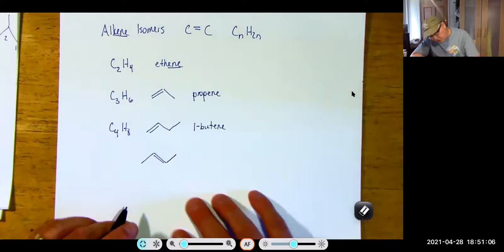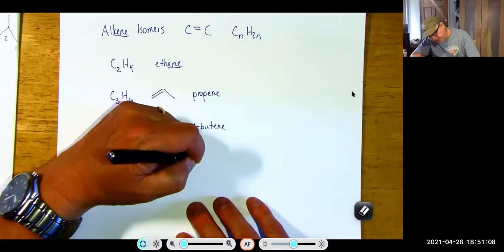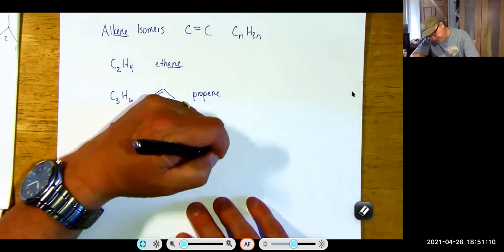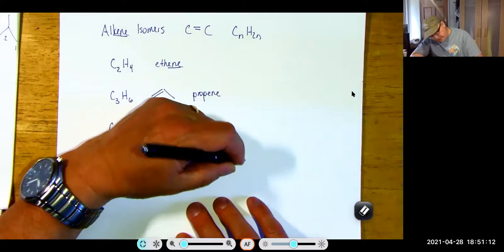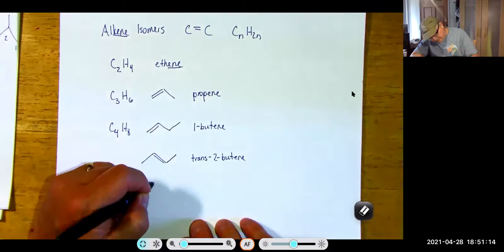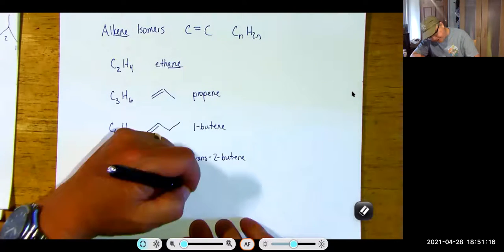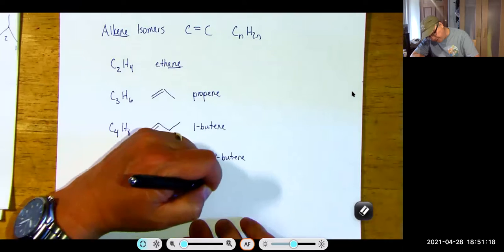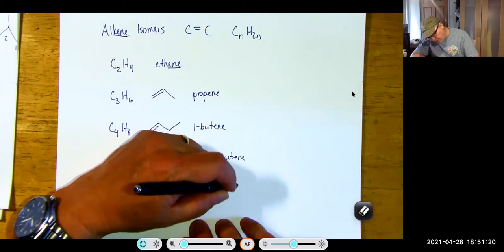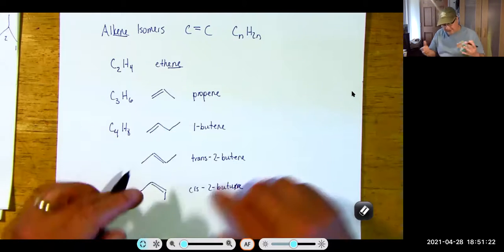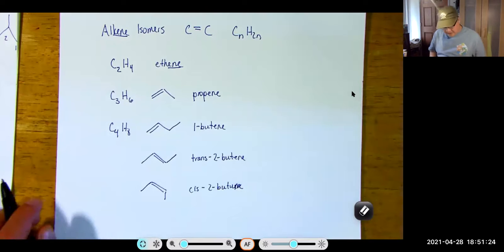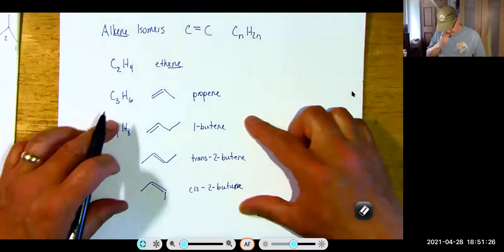This guy is called trans-2-butene. And this guy is called cis-2-butene. So before we move on, let's talk about these three names here.